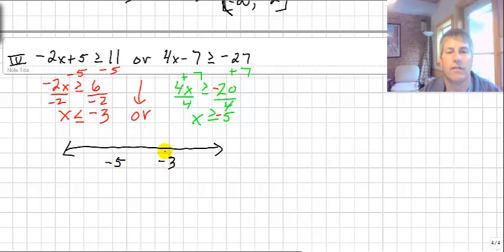Okay, so negative 5, negative 3. I want x's that are less than or equal to negative 3. I want x's that are greater than or equal to negative 5.